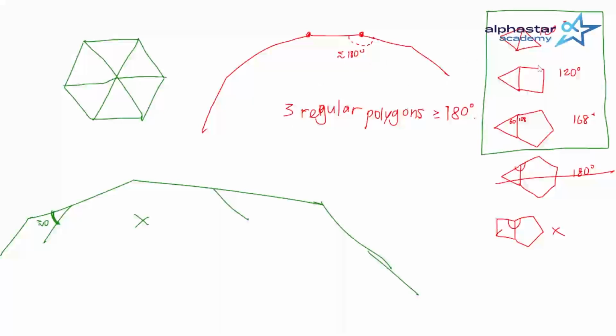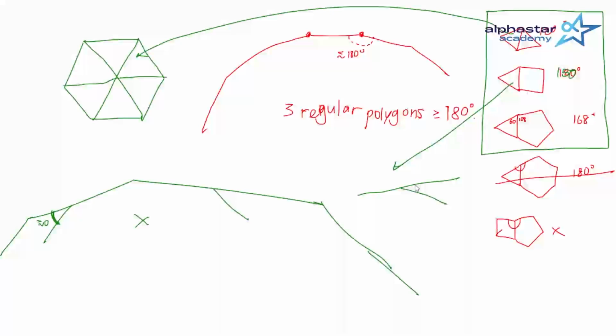And in particular, these actually all correspond to proper interior angles of the following shapes. This is the hexagon, as we saw here. For 150 degrees, well, when is the interior angle 150? Another way to think about interior angles is 180 minus the exterior angle. So if the interior angle is 150 degrees, then the exterior angle is 30 degrees. And we know that the sum of the exterior angles as we walk around the polygon is 360 degrees.